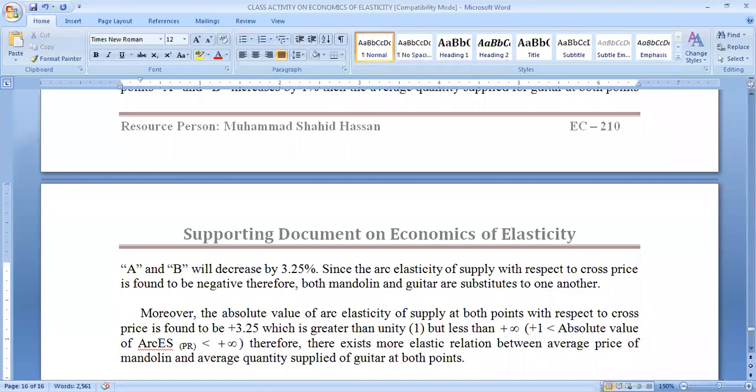So price of mandolin has a more elastic relation with the quantity supply for guitar in average terminologies.